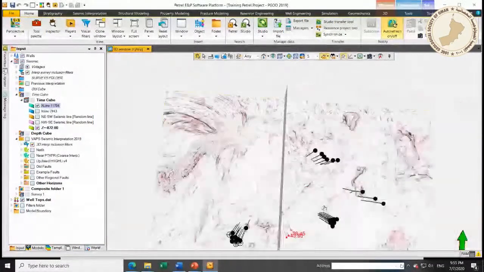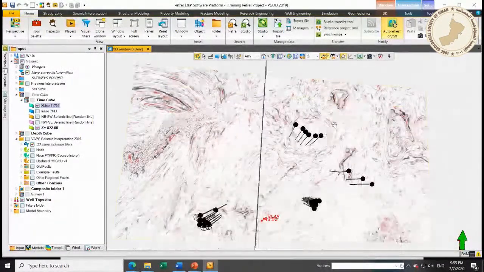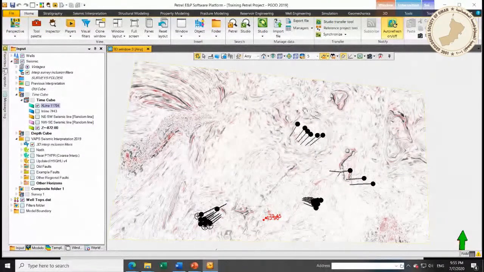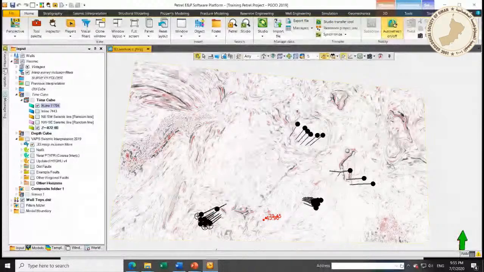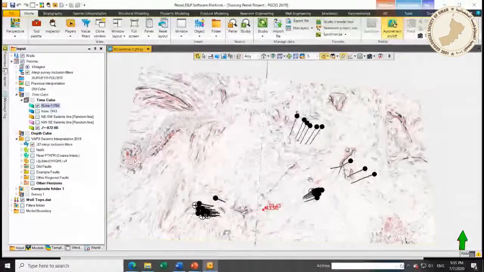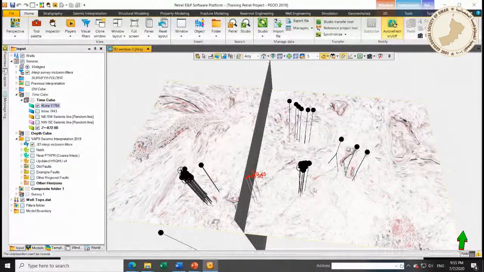And you can see all these rounded features that you see here are most likely Haima pods. So whenever you have a circle, it's one of the fields which is producing. There is one circle here, there is another one here, here, and so forth. And obviously you can then move the seismic slice up and down to image the seismic in a good way.